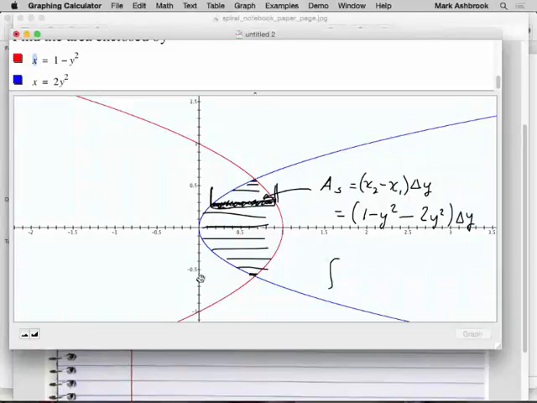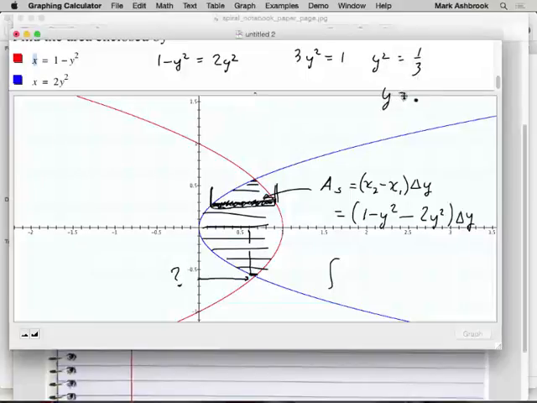So we need, this is our first strip. At what y value is this? How do we find it? Well, it's the y value where the x's are equal. So we do 1 minus y squared equals 2y squared. Looks like 3y squared equals 1.